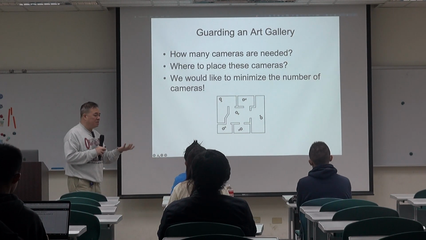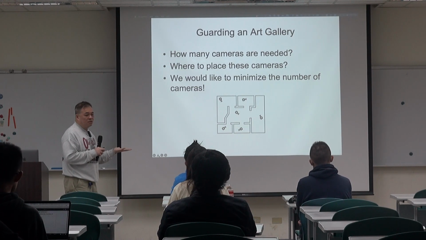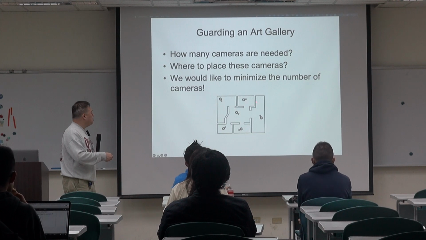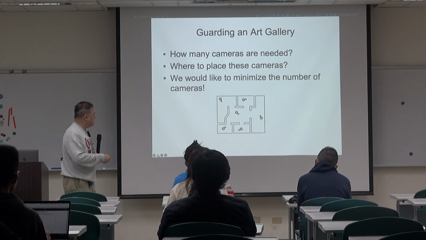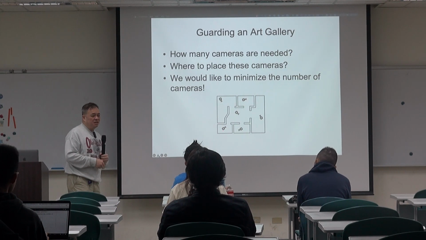The camera just cannot see those places, right? But obviously, if we want to consider the art gallery, because of the wall structure, different art galleries may be very different, right?